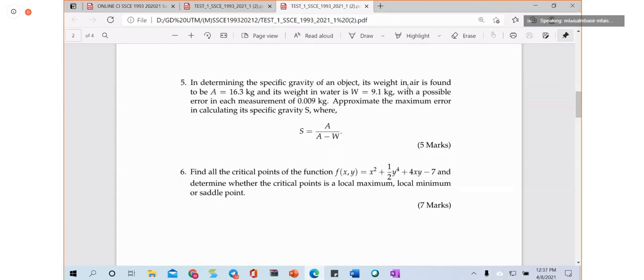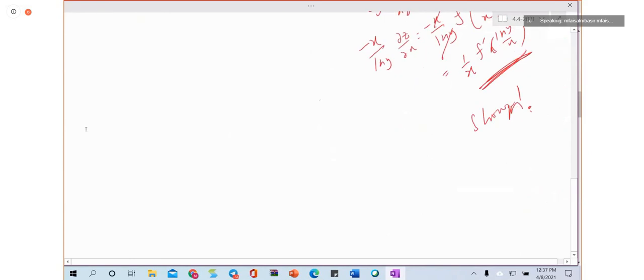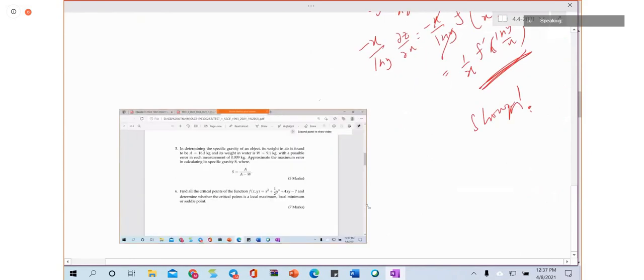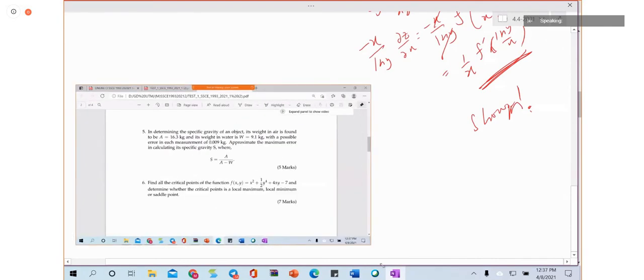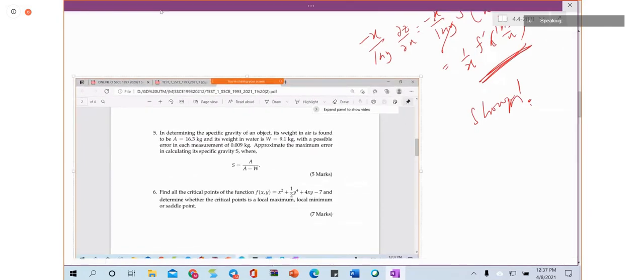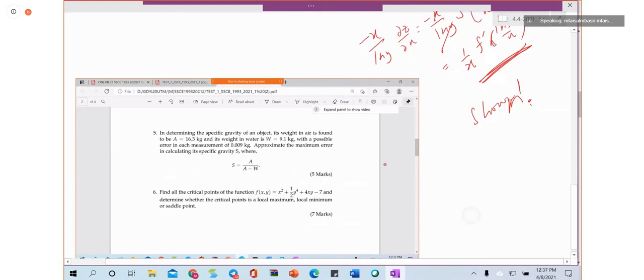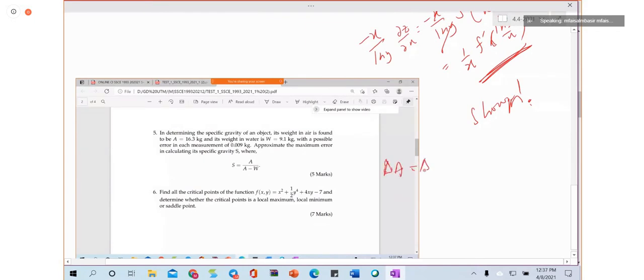Okay. Let me screenshot this. Okay. So you have A, del A is equals to del W, same as 0.009.